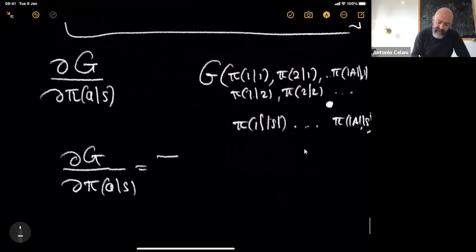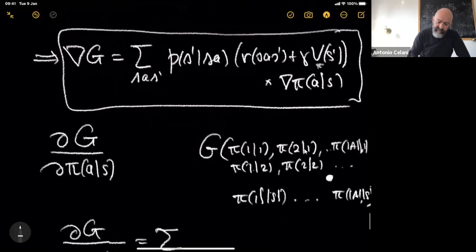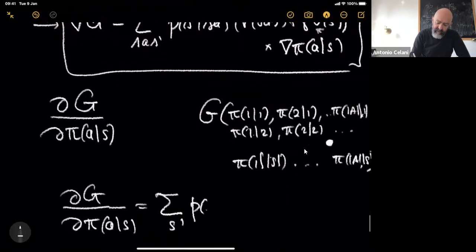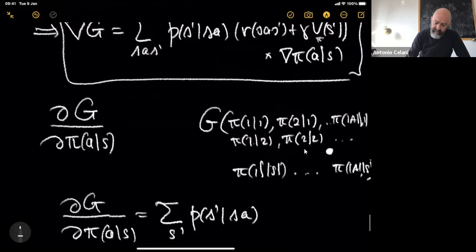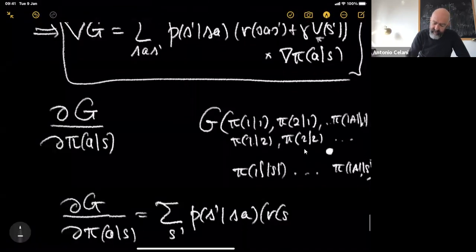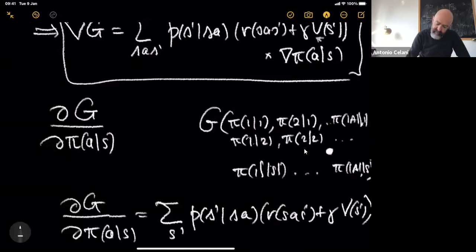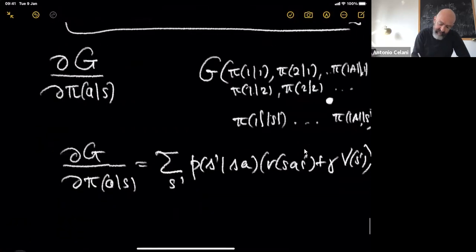So this becomes the sum over S prime of P(S prime|S,A) times r(S,A,S prime) plus gamma V(S prime). All this is multiplied by eta(S), which is outside because it doesn't depend on S prime.